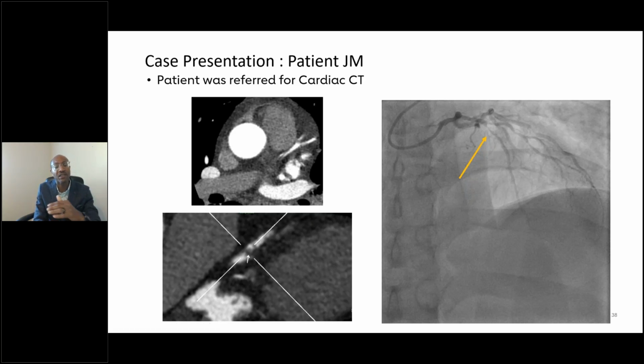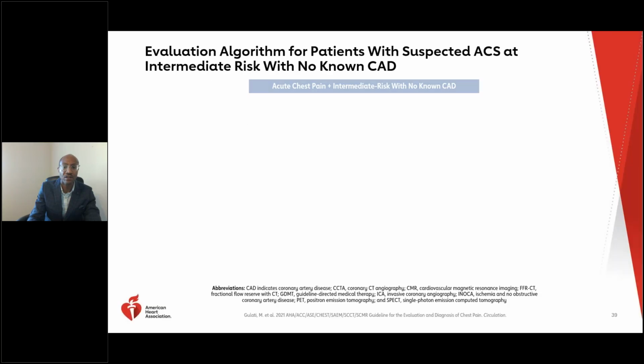In light of her recurrent angina, recurrent chest discomfort, and symptoms refractory to escalating medical therapy, she was then referred for coronary angiography. And you can appreciate a correlating coronary angiogram highlighting a mid-LAD, really tight stenosis, highlighted by the arrow there. She underwent revascularization with cardiology.